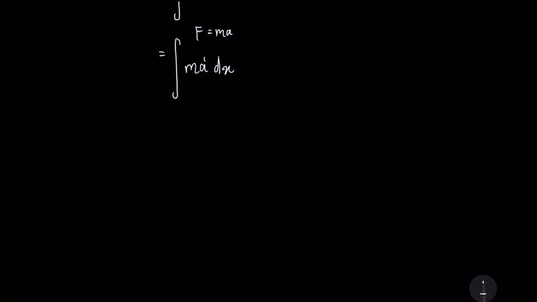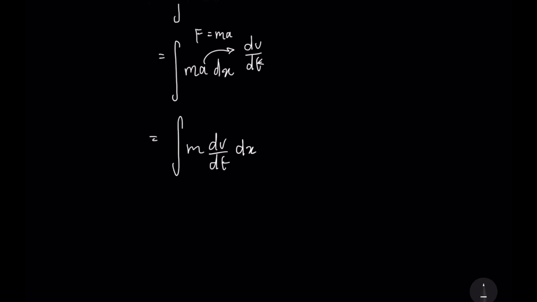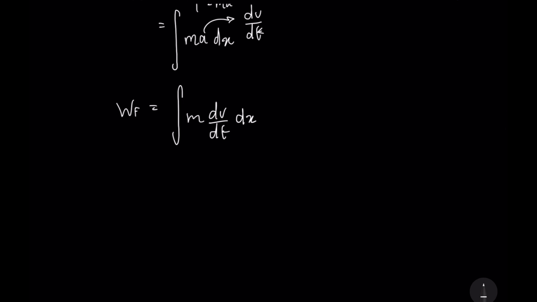Now we can write instantaneous acceleration as dv by dt. So we can rewrite it like m dv by dt dx, integral of m dv by dt dx. This is the work done by the force. Now we can modify dv by dt a bit. dv by dt can also be written as dv by dx into dx by dt.